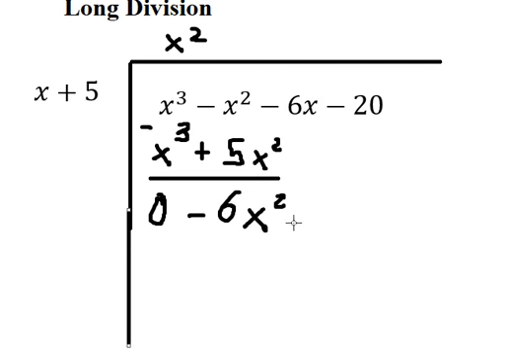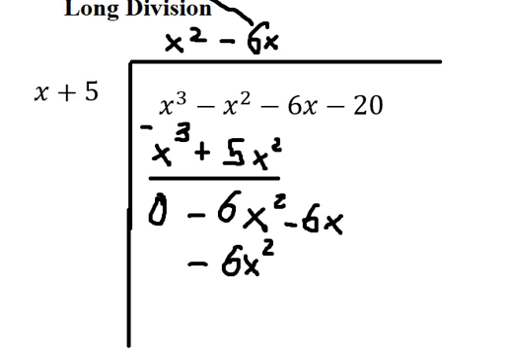Next, I will put negative 6s here. So the next one we have negative 6s squared. So that means in here we should have negative 6s. Negative 6s multiplied by s, we have negative 6s squared.